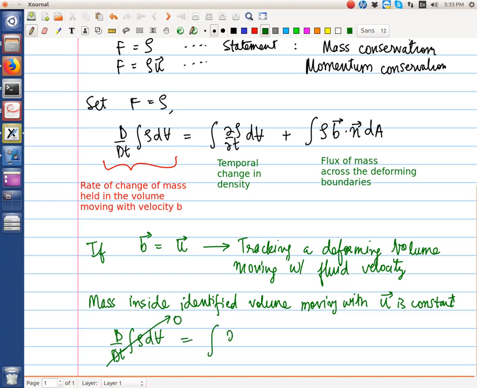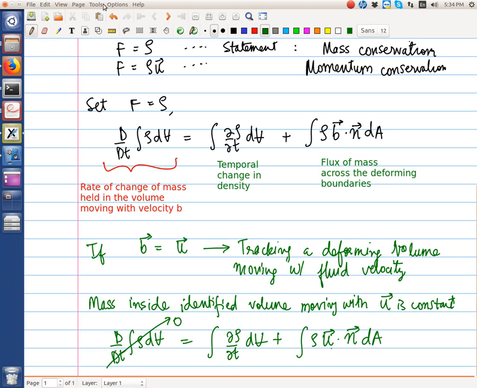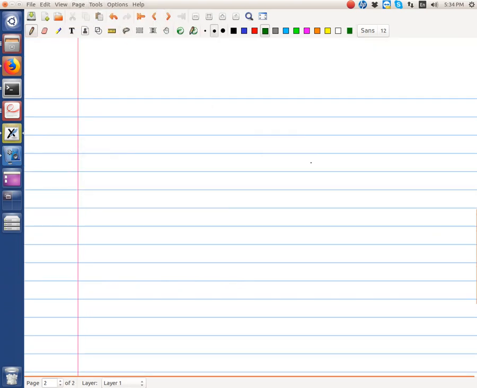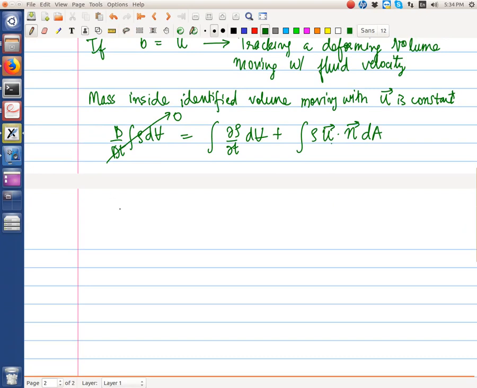This is equal to integral del rho/del t dV plus integral rho, with b equal to u, u dot n dA. So we have 0 equal to integral del rho/del t dV plus integral rho u dot n dA, over the volume V and the area A respectively.